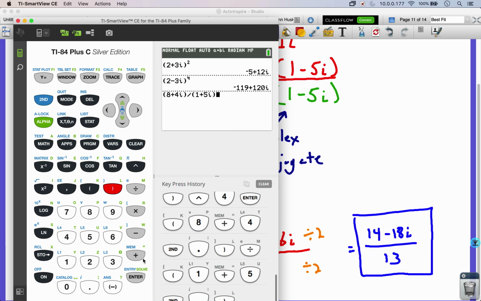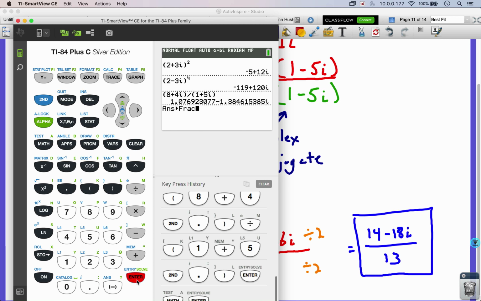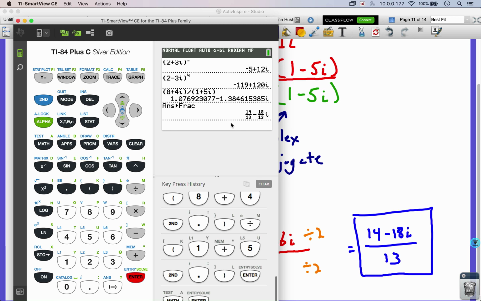See if the calculator can simplify this. And it gives us these really long decimals. Now we could take that and hit math, enter, enter to turn it back into fractions. And we do get something that looks pretty similar to this. It does distribute the division of the 13, which we don't necessarily want. We'd rather have it like this.